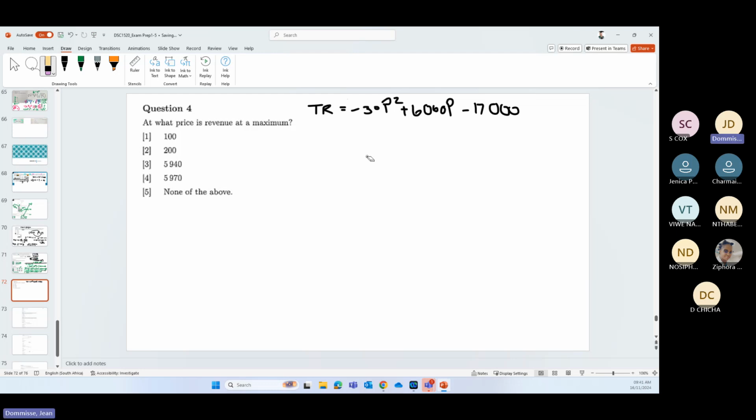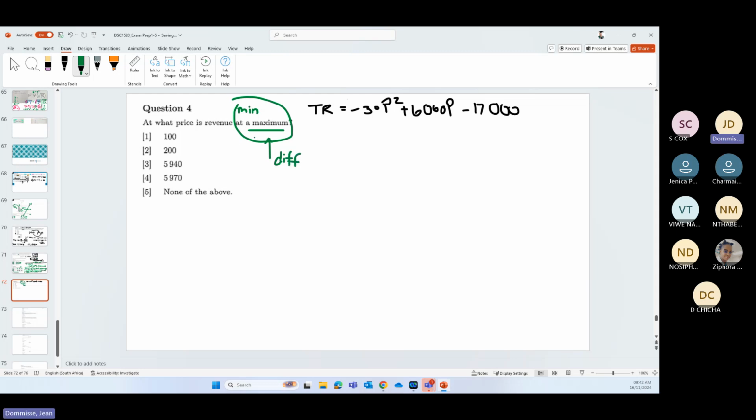What do you think? What must we do? Okay, so when you see maximum or if you see minimum, that's the two words to look out for. We differentiate. Maximum and minimum, we differentiate.